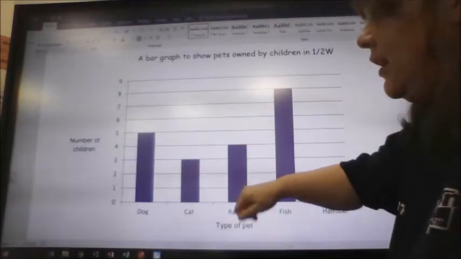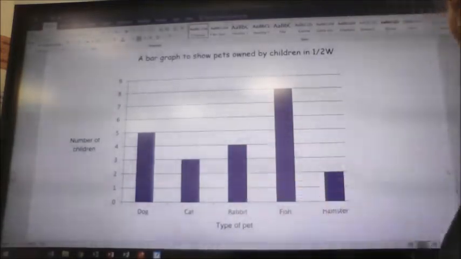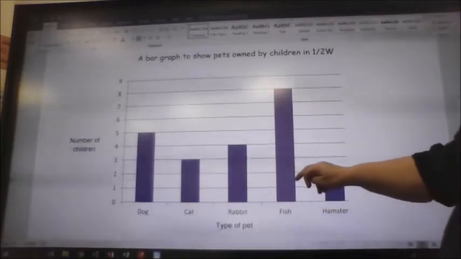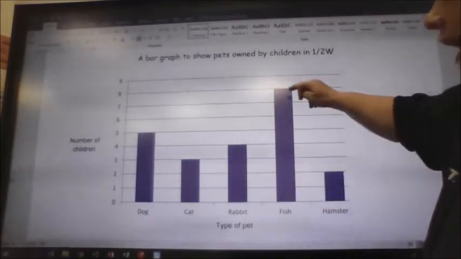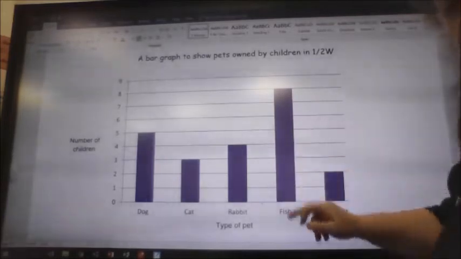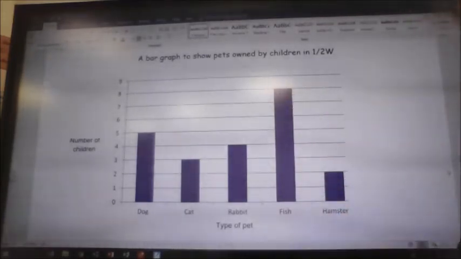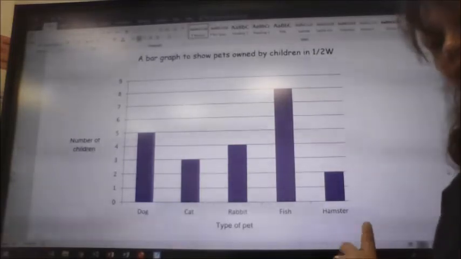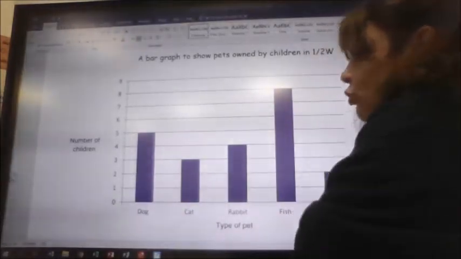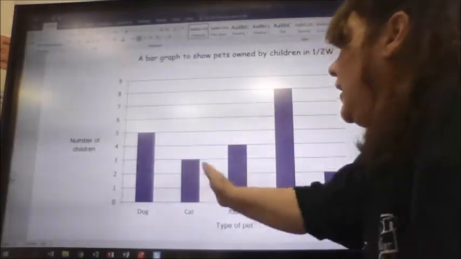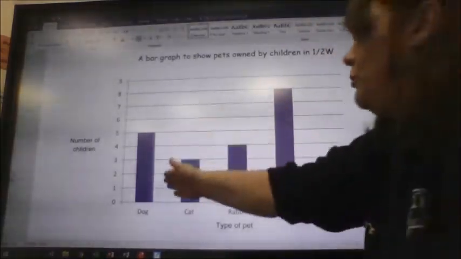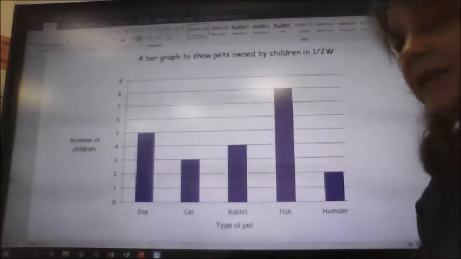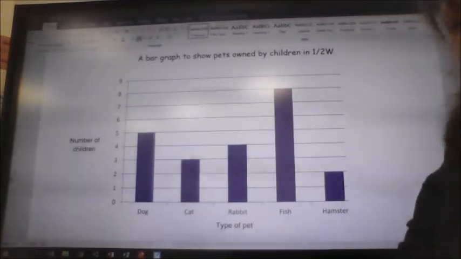So that would be 8 add 4 is 12. Then I've got another 8 to add, so 12 add 8, 20. And then I've got another 2 there, so 22. So how many pets are owned all together? I add each of the columns together, the numbers from the columns, and I would get 22 in that.